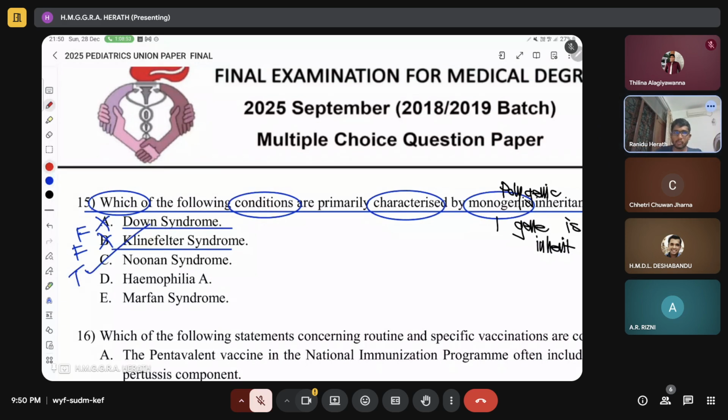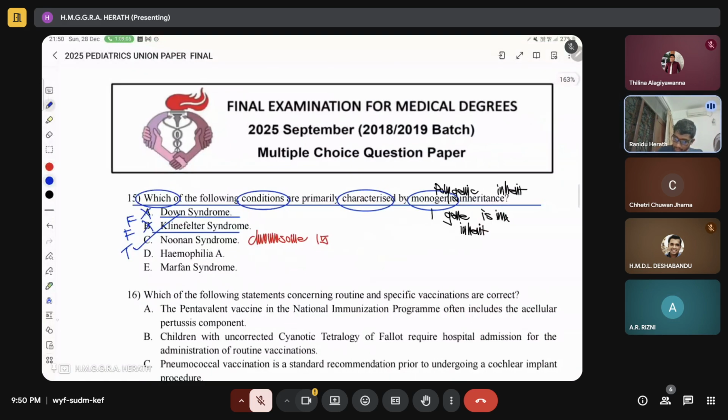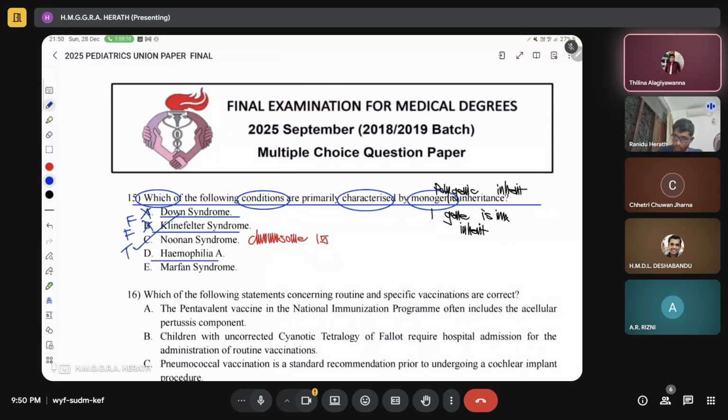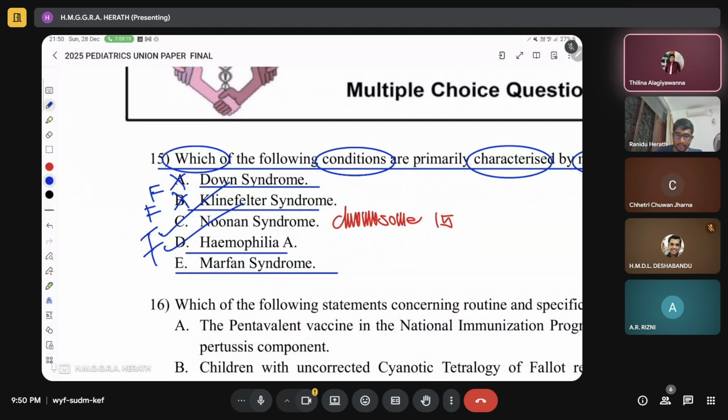Chromosome 15, remember. Hemophilia A, monogenic or polygenic? Monogenic. Marfan syndrome, monogenic or polygenic?